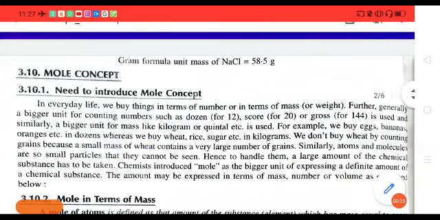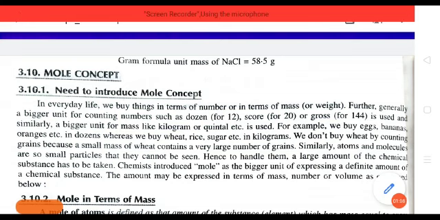In our daily life, we buy things in terms of number or in terms of mass or weight, we can say. A bigger unit for counting numbers such as dozen, which indicates 12 in number, score, which indicates 20 in number, or gross, which indicates 144, is used.